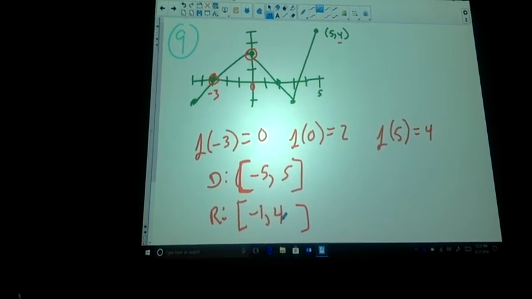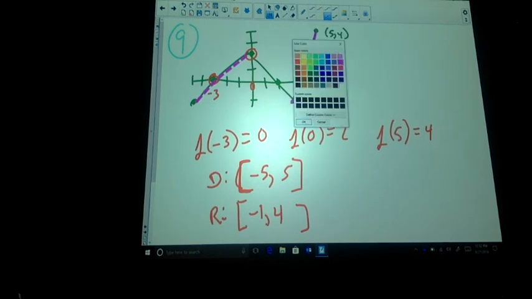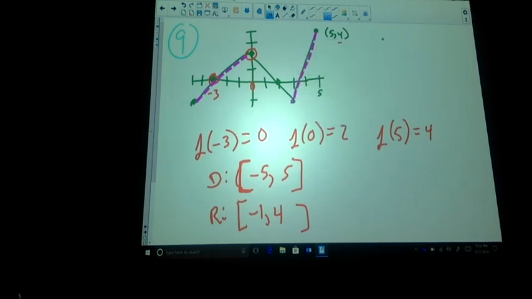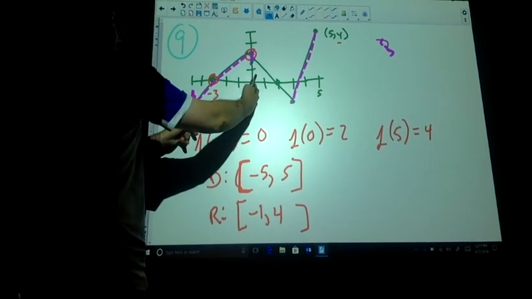Interval where this is increasing. All right? We're increasing here, and we're increasing here. There we go. So, from here to here, it's increasing.